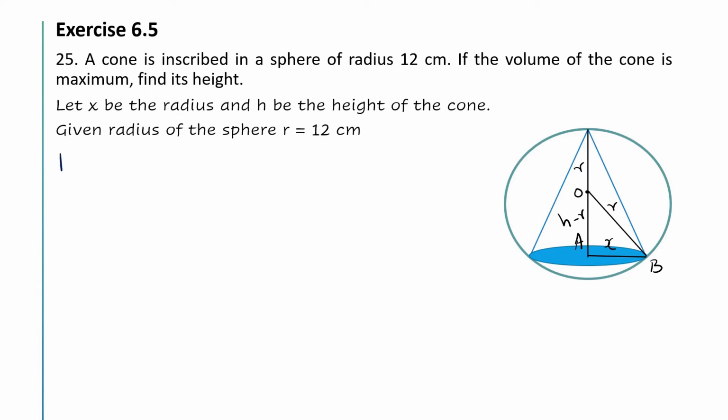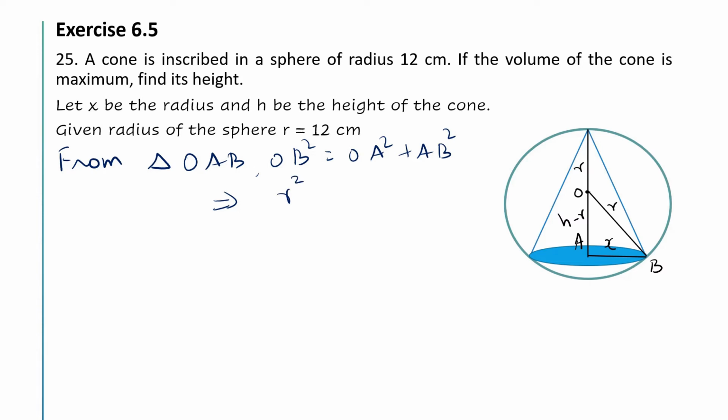So from triangle OAB, we have OB square is equal to OA square plus AB square using Pythagoras theorem. OB is nothing but R, that is the radius of the sphere.